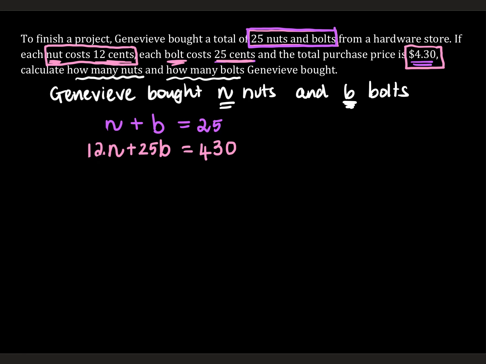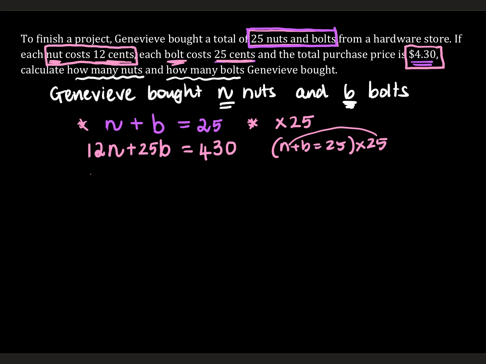So what can I do there? How about I get my first equation here, this one. If I multiply that by 25, I will have 25B on each. So how about I say N plus B equals 25, and I'm going to multiply all of that by 25.